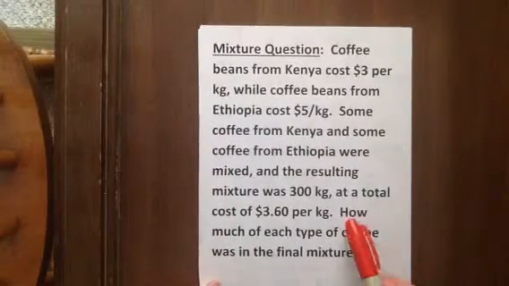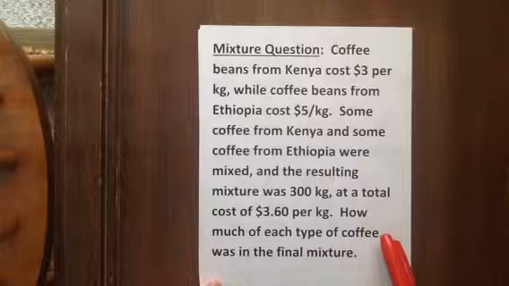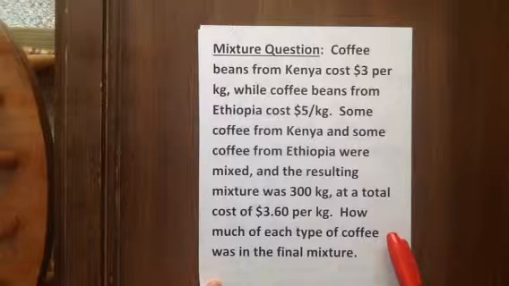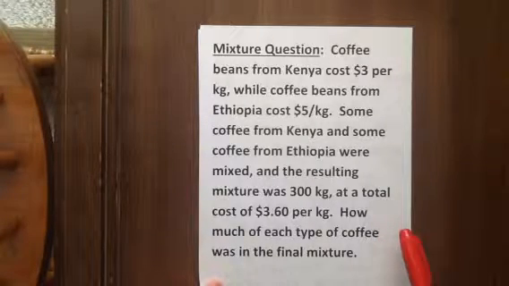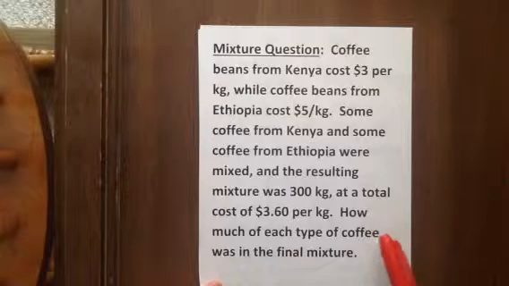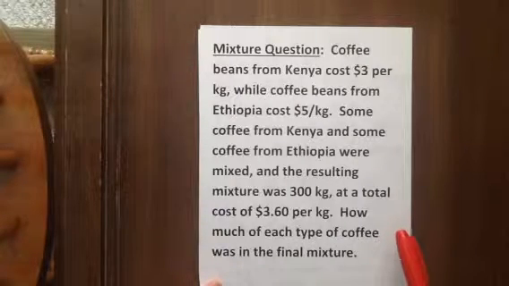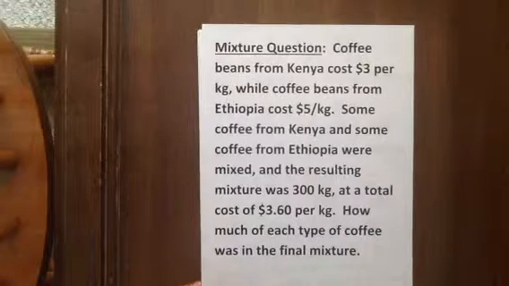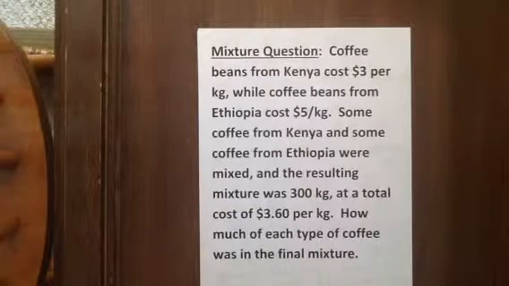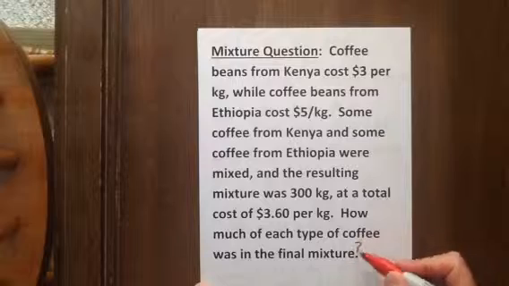Well, a lot of times when it's tough to determine the variables that you should use, it's given away by exactly what the question is asking for. Now this question is asking us how much of each type of coffee was in the final mixture.